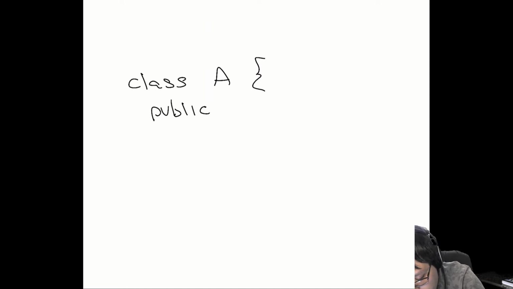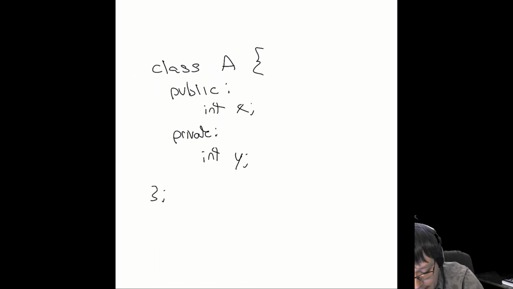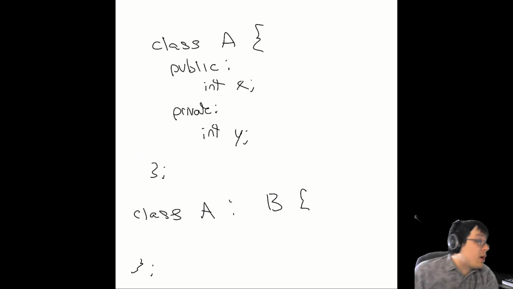So let's say that we have a class A, and there is a public variable int x, and there's a private variable int y. So if I try to inherit from this class, I do class A colon B. If I do this like this, I am inheriting in a private manner per se.